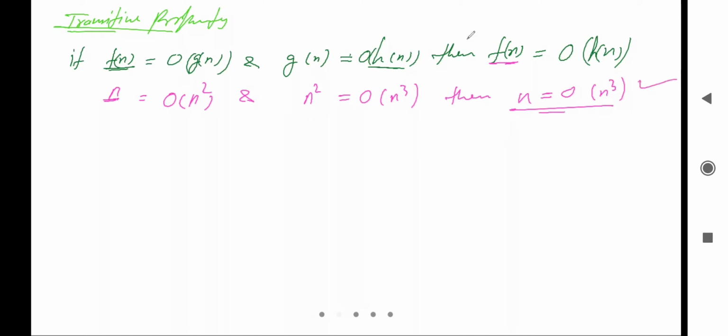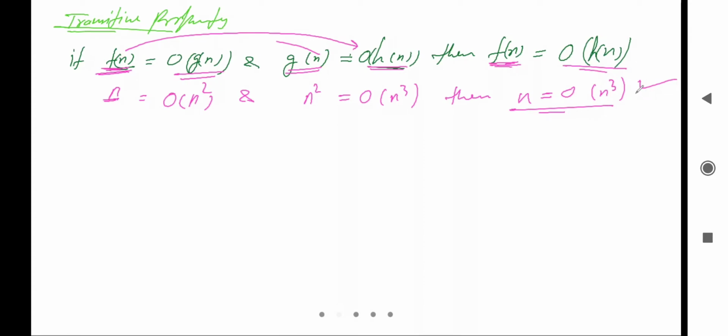तो इसका मतलब क्या हुआ कि f of n इक्वल टू ऑर्डर ऑफ g of n, इसका मतलब g of n ग्रेटर है f of n से, या इक्वल है? और उसके बाद g of n इक्वल टू ऑर्डर ऑफ h of n, इसका मतलब ऑर्डर ऑफ h of n ग्रेटर देन g of n और इक्वल टू g of n। तो फिर ये ऑर्डर ऑफ h of n, f of n से भी तो ग्रेटर रहेगा ना। इसका मतलब f of n equal to order of h of n, it will hold this property.